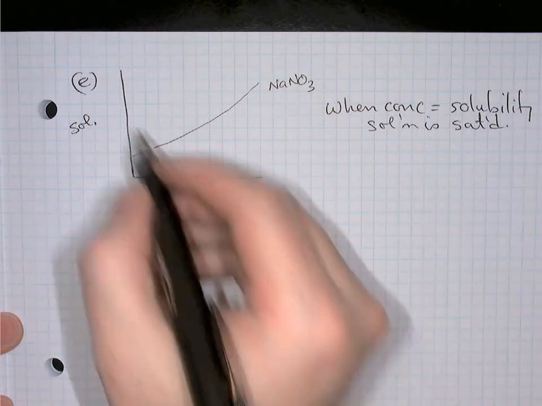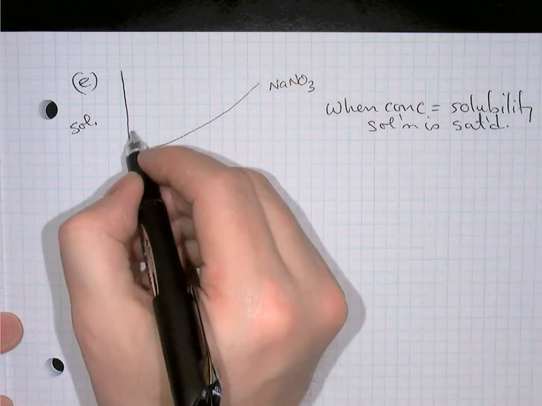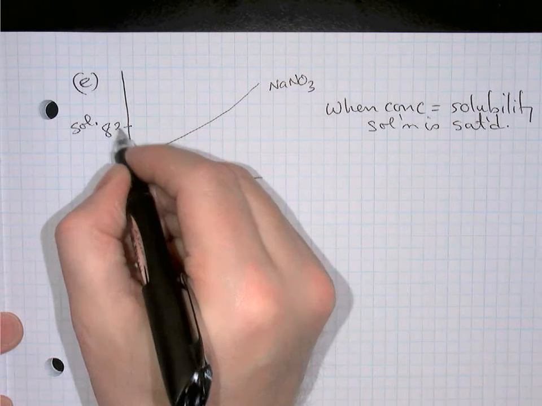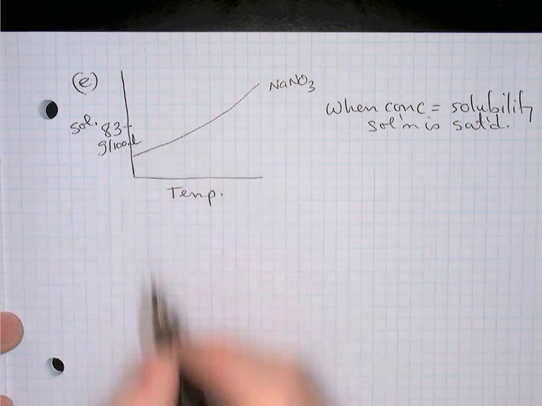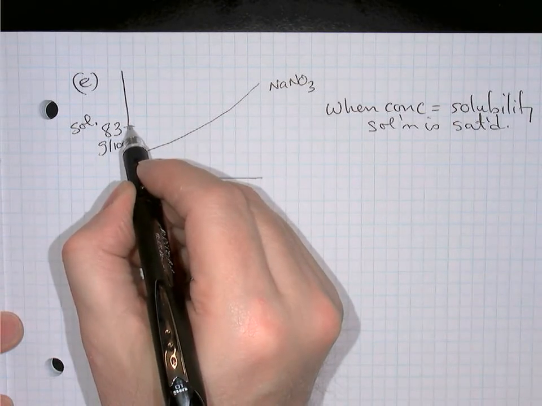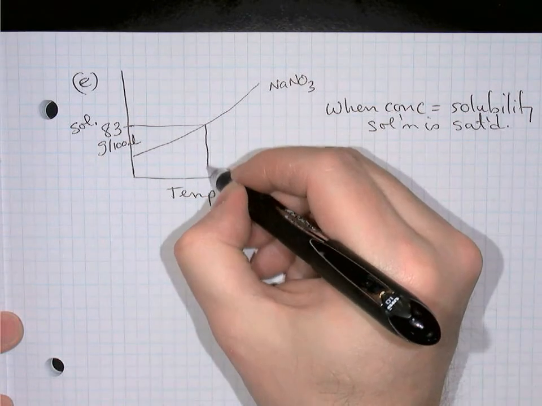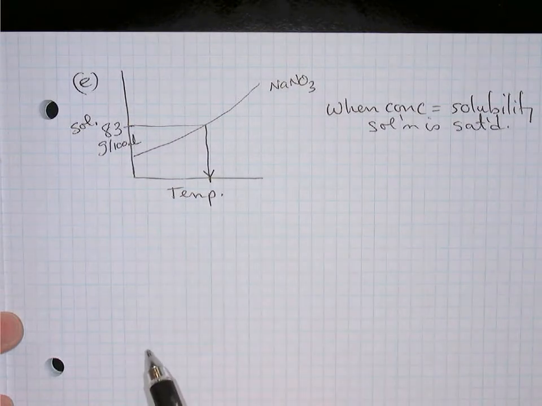So if we simply remember that our concentration, back from part A of this question, was 83.3, I'll just say 83 grams per 100 mils of water, what I'm going to do on my actual solubility graph is simply find 83, go over to the sodium nitrate curve, and go straight down to the temperature axis, and I'm going to tell you what that temperature is.